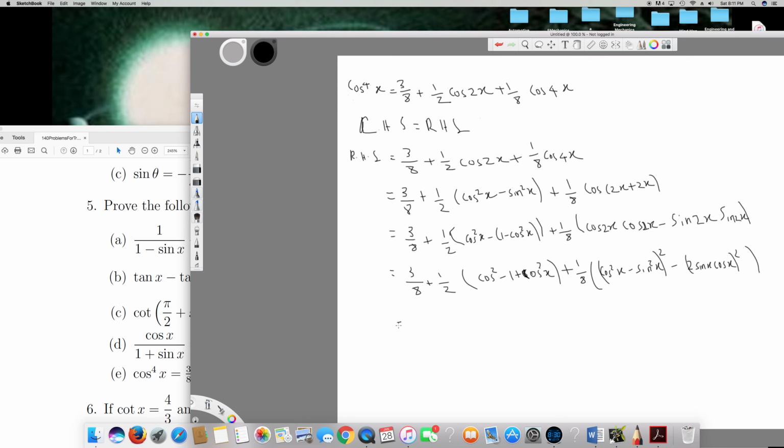So let's go one by one. 3 over 8 plus half, and this cos square x is 2 cos square x minus 1, and 1 over 8 and bracket cos square x minus, so as we discussed already, we have nothing to do with sine square x, right?